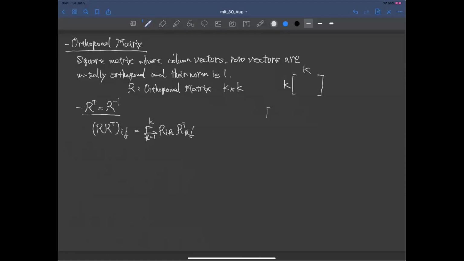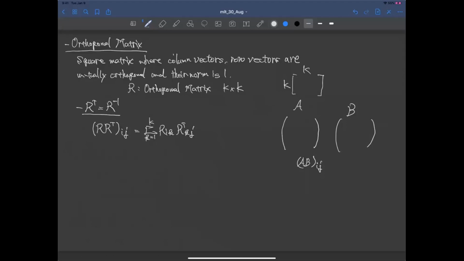Let's imagine there is a matrix A and a matrix B. Think about the ij element of AB.